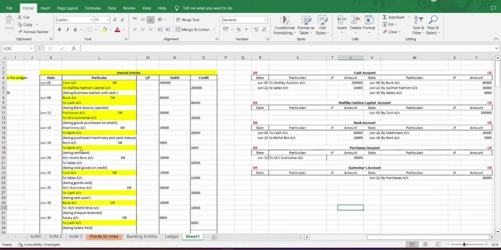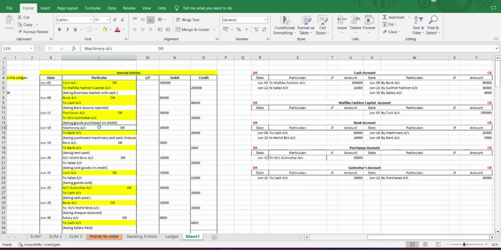Next, yes, here we have Gulmohar's account cash settlement. Gulmohar's account is debited to cash account dated June 25th for again an amount of rupees 30,000.